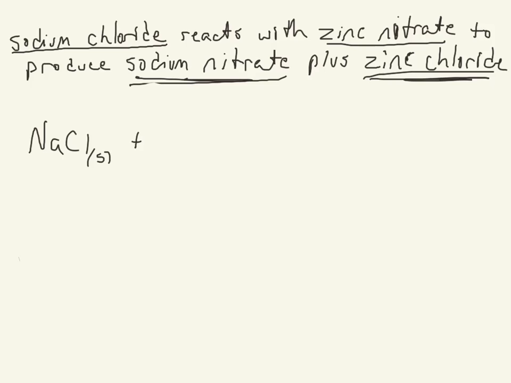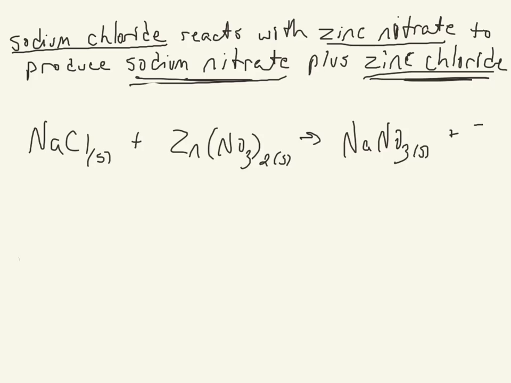It reacts with, plus sign, zinc nitrate, and so therefore Zn(NO3)2. Again, we have an ionic compound, so we're dealing with a solid. Then sodium nitrate, NaNO3, solid, and zinc chloride, ZnCl2, solid.